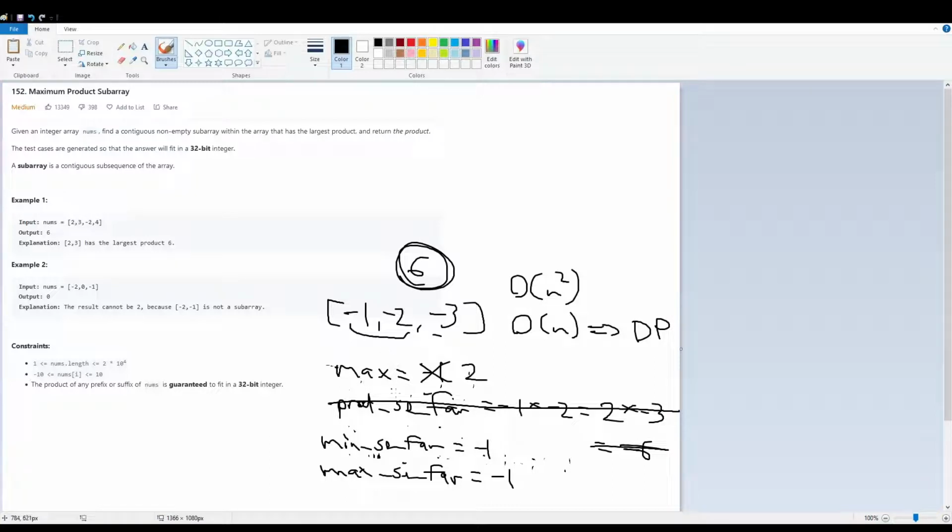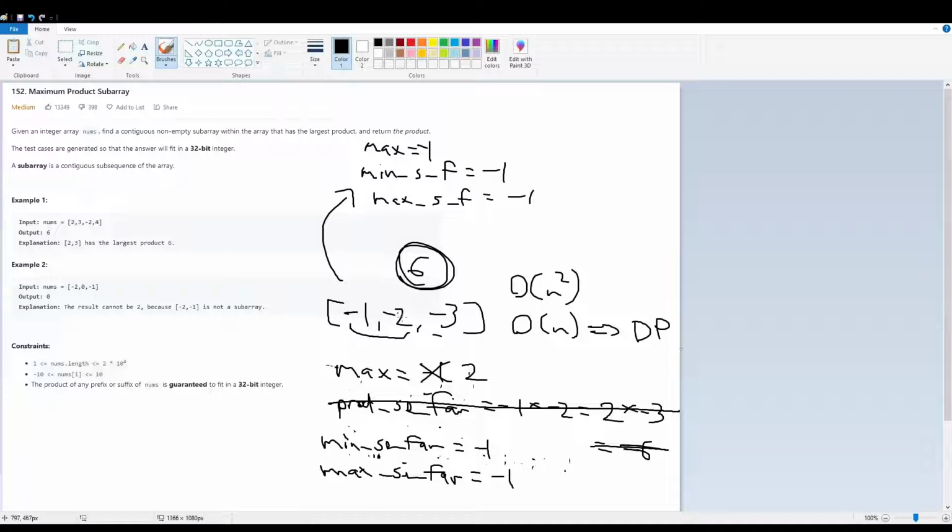So I'll show you an example here. I'll do the example up here. So right now max is -1, min so far equals -1, max so far is equal to -1. Okay, now let's look at this range, -1 and -2.